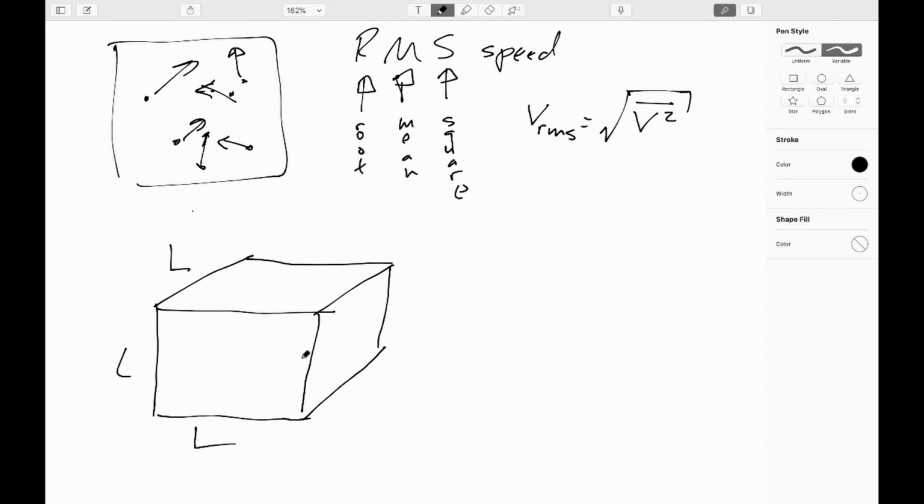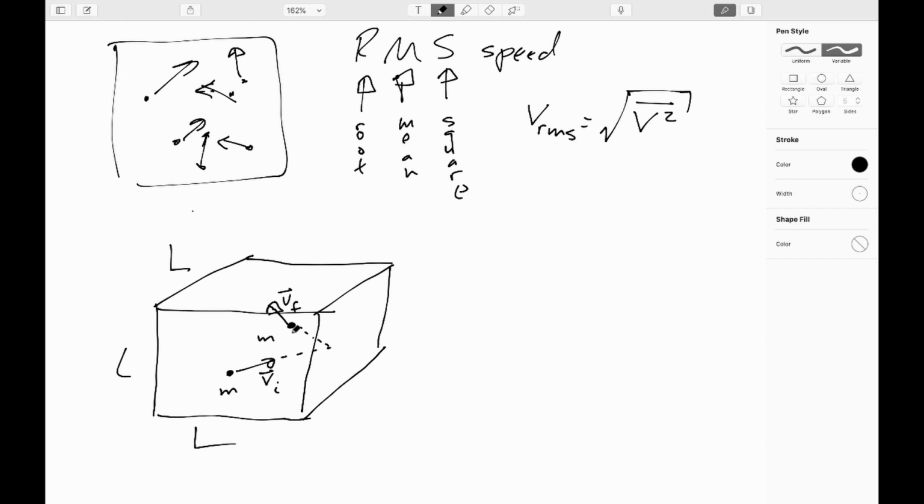And at the moment, we just have one molecule, mass M, moving at some velocity, V initial. Now we know it's going to hit a wall. When it hits a wall, it'll bounce elastically and be going out at some speed V final, and the speed V final has to equal the speed V initial.